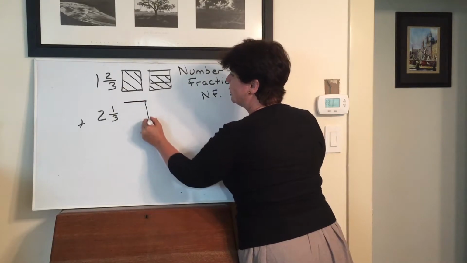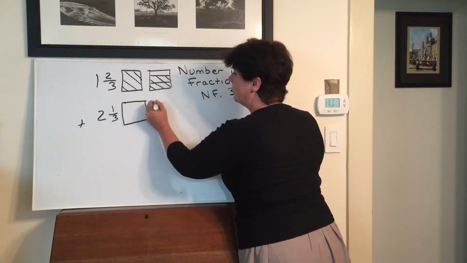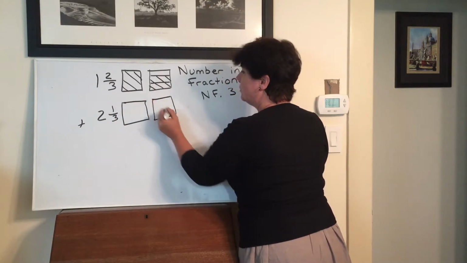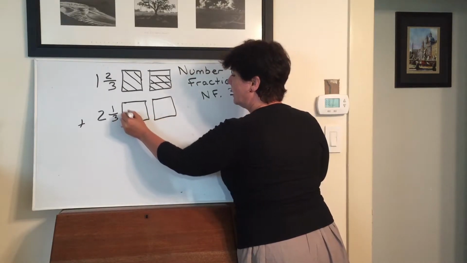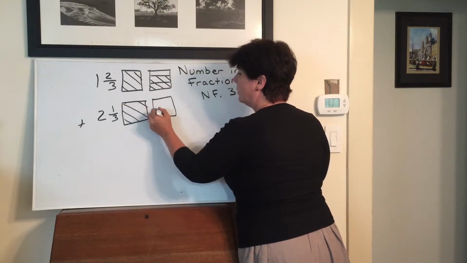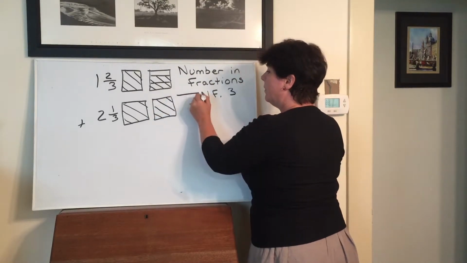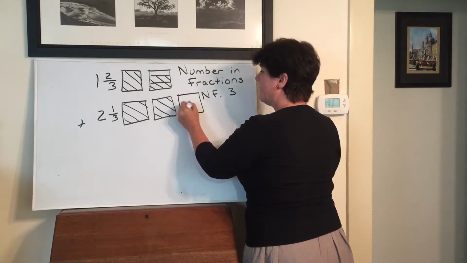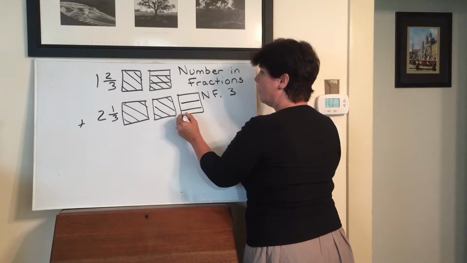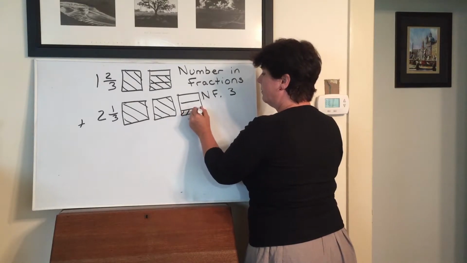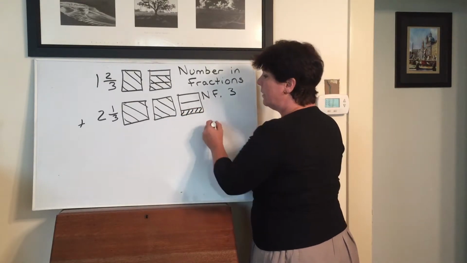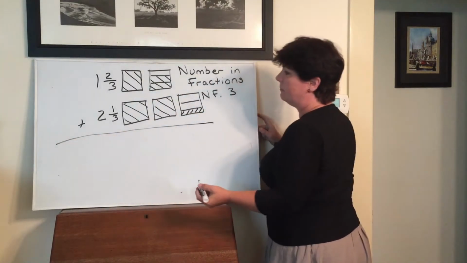Then draw the picture of the other one. 2 wholes, and I get them all. 1/3, and I get 1 of them. So now it's just a matter of adding it all up.